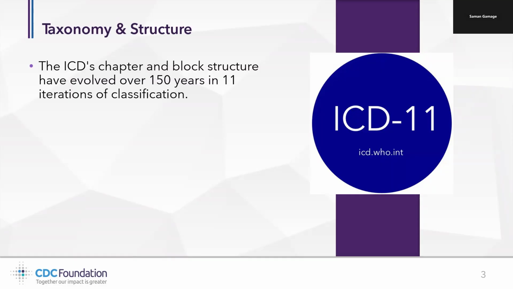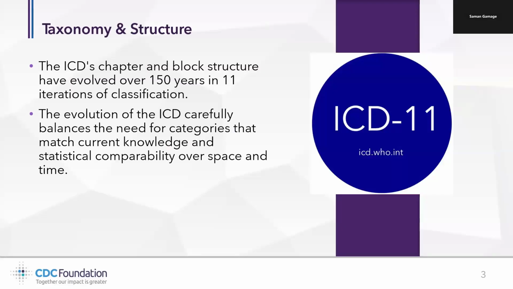ICD's chapter and block structure have evolved over 150 years in 11 iterations of classification, because now we use ICD-11. The evolution of ICD carefully balances the need for categories that match current knowledge and statistical comparability over space and time.